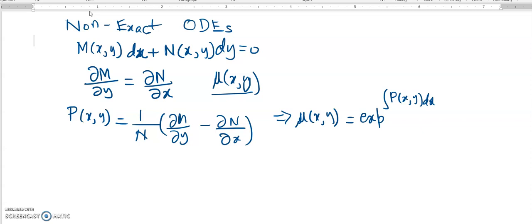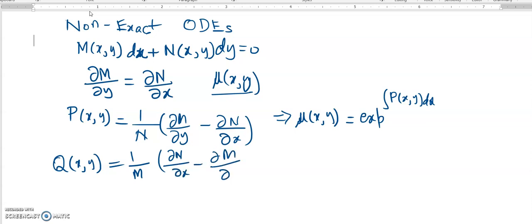Or we can find another function q(x, y), which, instead of 1 over N, uses 1 over M, times partial N over partial x minus partial M over partial y. That means the inverse and the negative of this function.